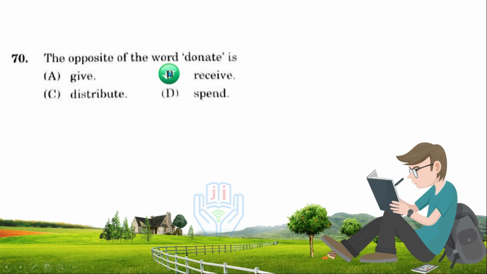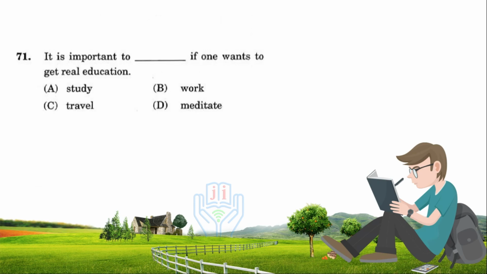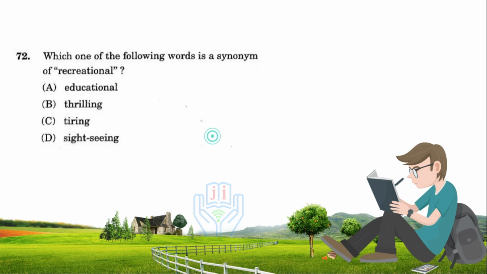Answer: receive. Read the passage, pause the video and provide the answers for the following questions. It is important to dash if one wants to get real education. Answer: travel. Which one of the following words is a synonym of recreational?